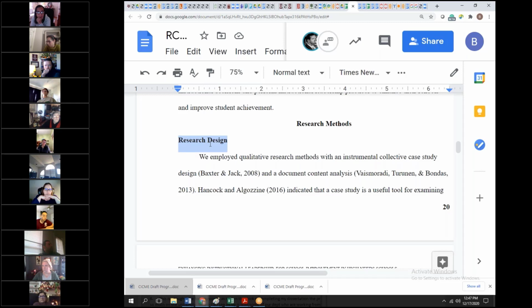And probably we would be changing this to research approach because it's qualitative in nature. So we would be using qualitative research methods, but it's an instrumental collective case study. So that's what we've used.